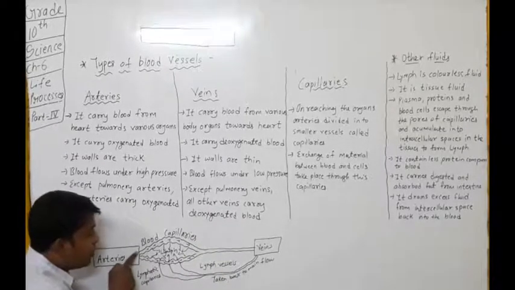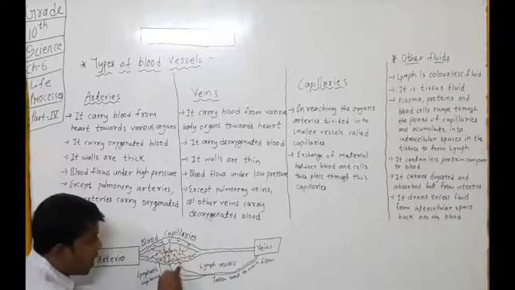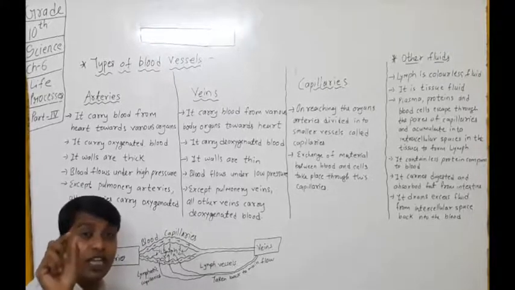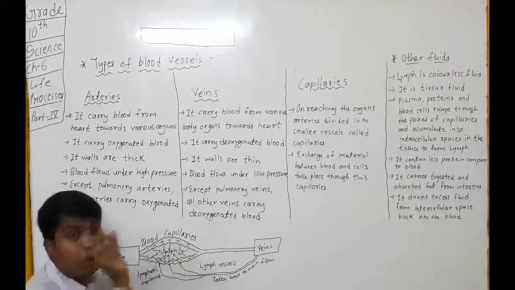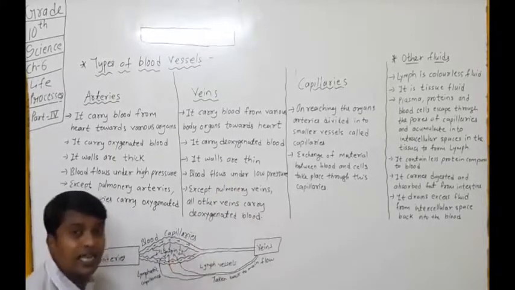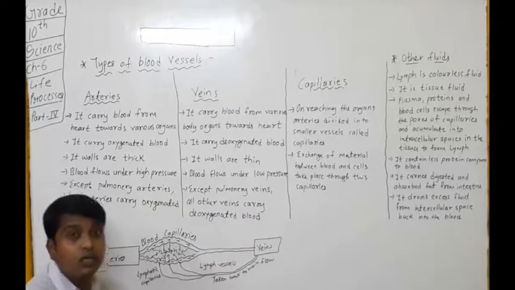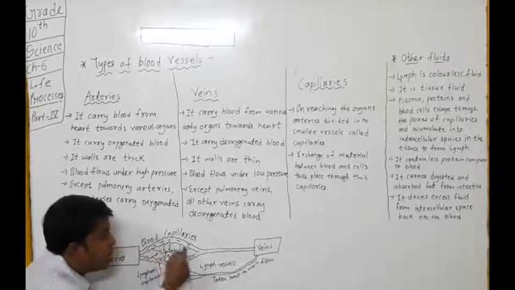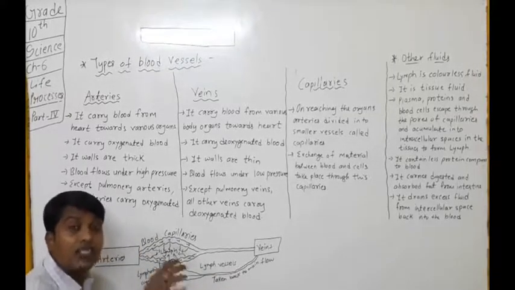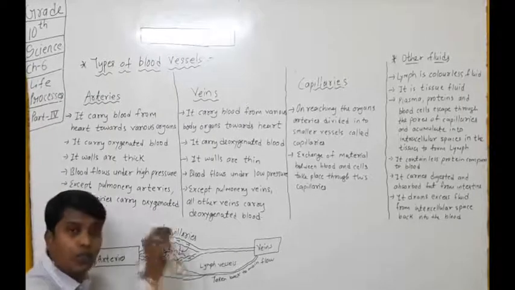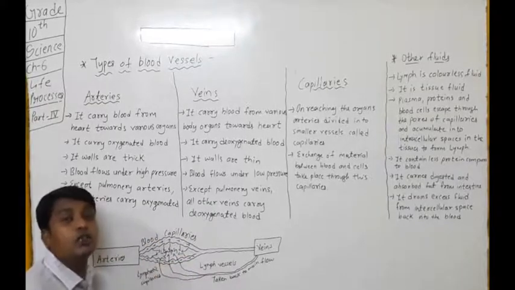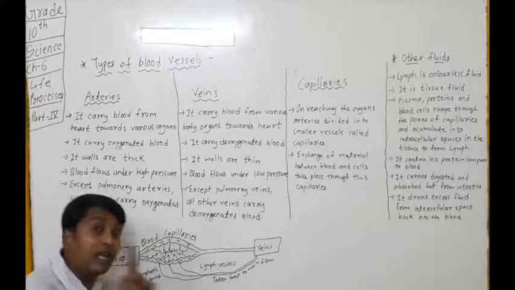Whenever this oxygenated blood goes through these capillaries, see, all these four are blood capillaries, but they have some small pores, small holes. Through those pores the plasma, protein and blood cells escape and accumulate in this intercellular space. Whatever fluid accumulates in the intercellular space is known as lymph.